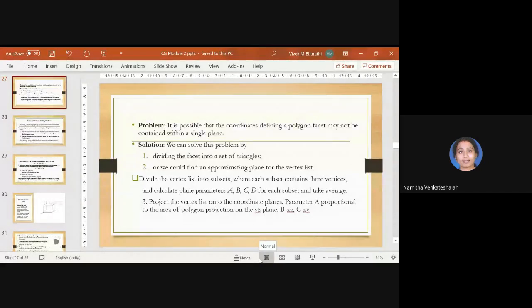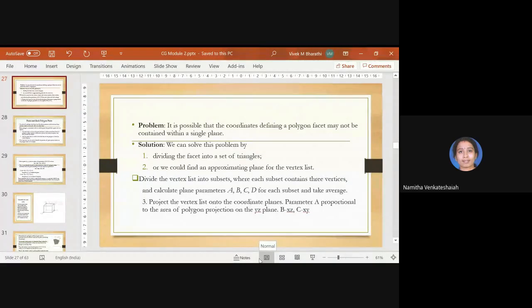Among the polygon, you will be having n number of vertices. I'm dividing it into vertex list subsets and calculating A, B, C, D for each, and then averaging it and taking the average to know on which plane it belongs. It will help me to get the plane parameters, which will give you the spatial information of the polygon.